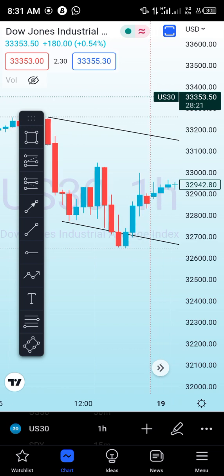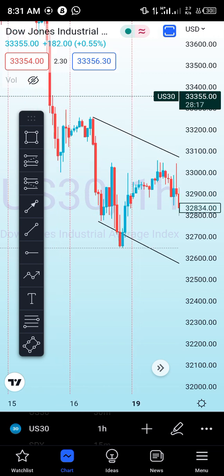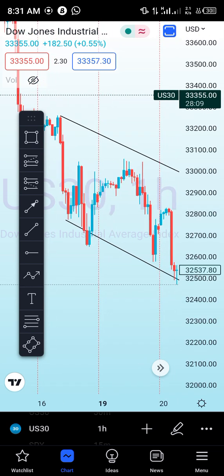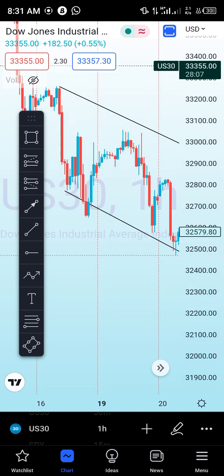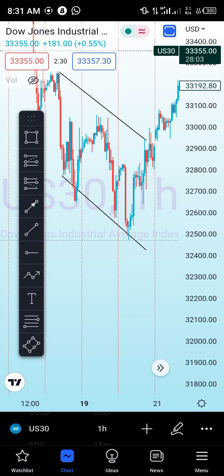So without wasting much of your time, let's go over how to use Fibonacci. Fibonacci is a tool that allows you to get the best point for entry in an uptrend or in a downtrend. So to get your Fibonacci retracement, you go to this edit icon that is beside the plus icon, where we have all the tools that we need.